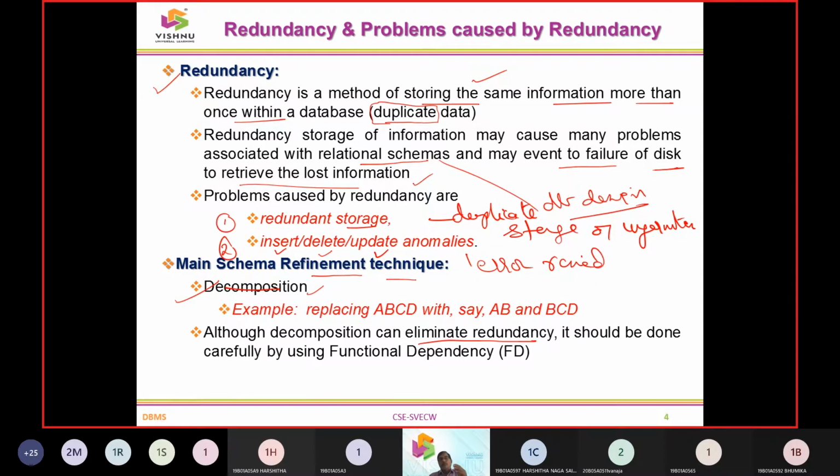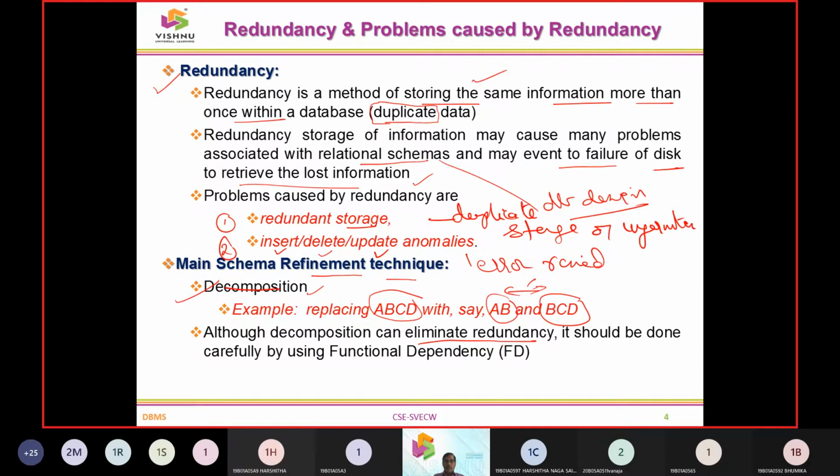So the solution was, there is a big table. The big table has duplicate data. To eliminate duplicate data, what can we do? We can divide the table into two parts. That is, we have A, B, C, D. Now we are dividing it into A, B and B, C, D. Fine, it is taken up.